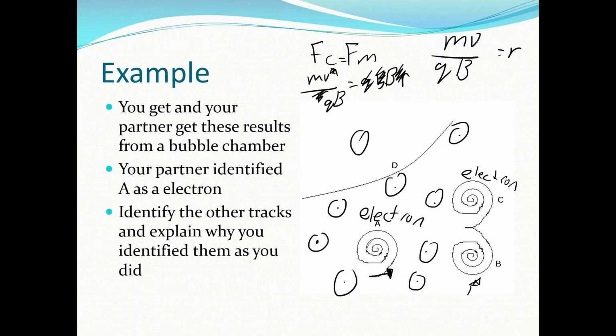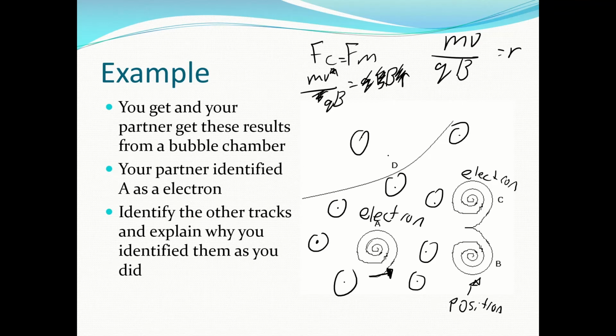Right? So if we assume they have relatively the same speed, same charge, it's the same magnetic field, same mass, right? If the radius is the same, the mass is going to be the same. The charge is the same. So something with an electron that has the same mass but opposite charge would be a positron. So this is a positron.